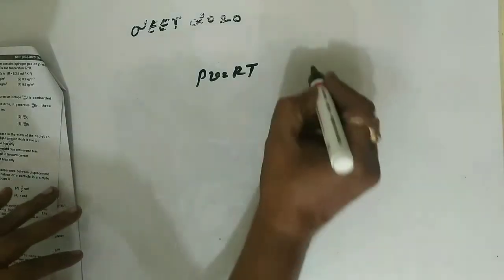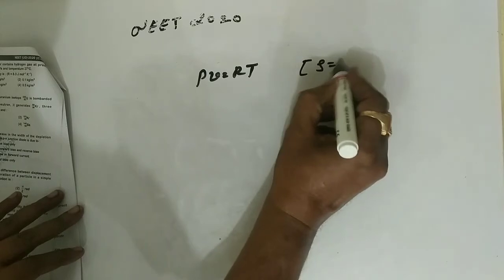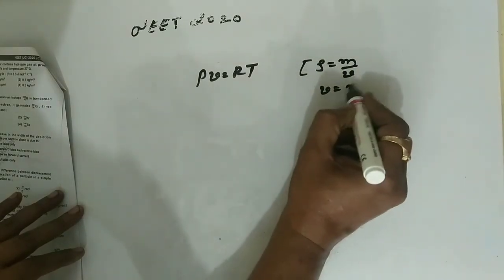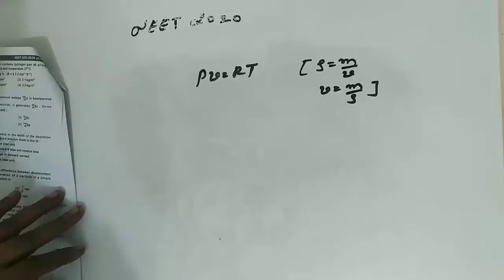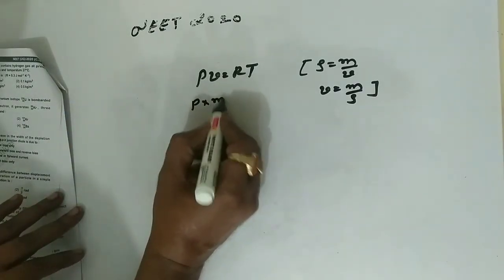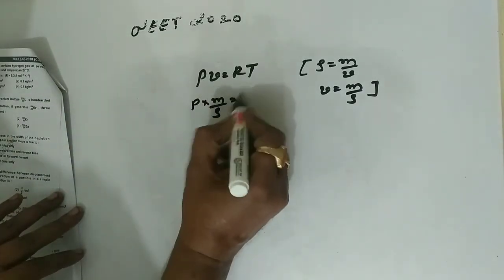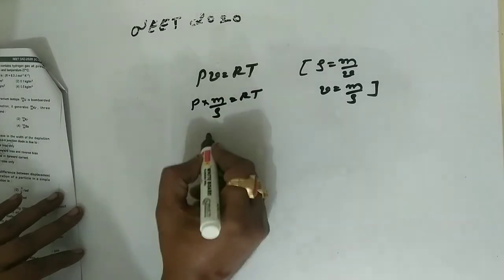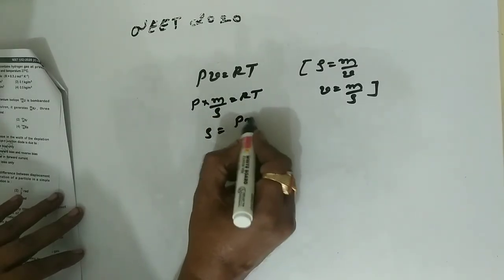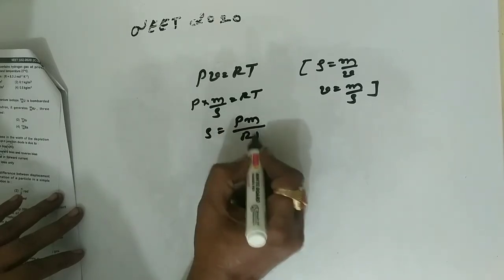Then he is asking the density of the hydrogen gas. We know that density equals mass by volume, volume equals mass by density. I substitute here P m by rho equals RT. Then I need rho equals P m divided by RT.